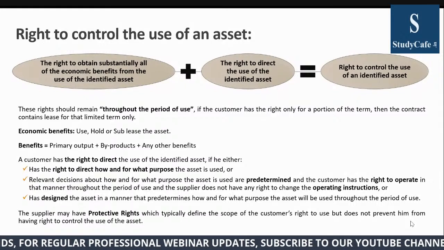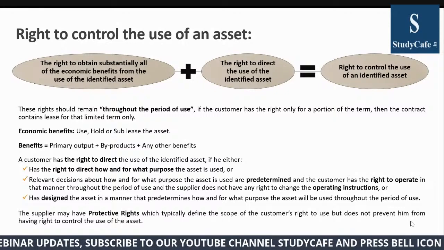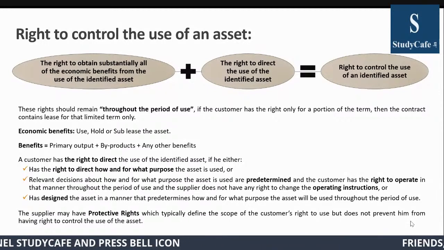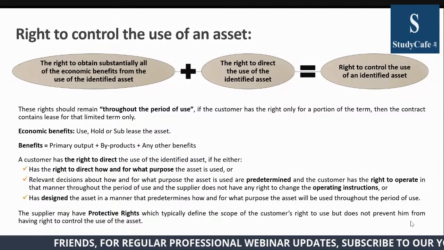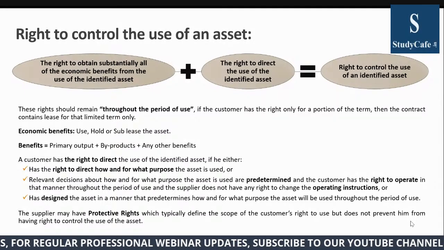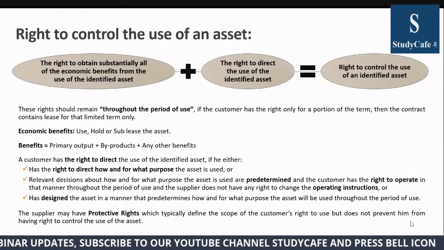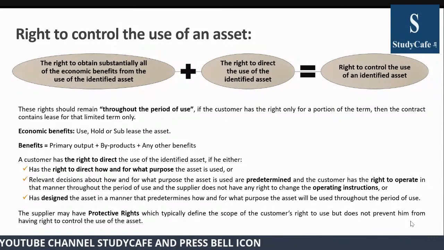And second is the right to direct the use of the identified asset. Now, these two rights, number one is to obtain substantially all the economic benefits. What is economic benefit? Economic benefits are basically all the benefits that an entity or a person can derive from the use of an asset, be it in terms of its primary output or its byproducts, right? And or any other benefit for that matter.